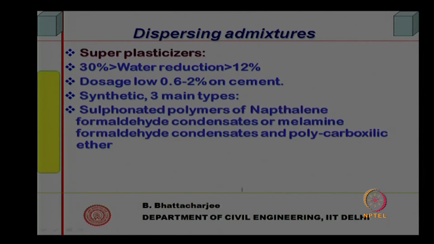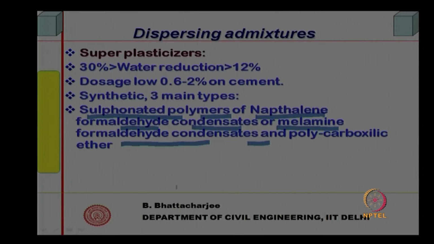First is sulfonated polymers of naphthalene formaldehyde condensate, or second variety, sulfonated polymers of melamine formaldehyde condensate.